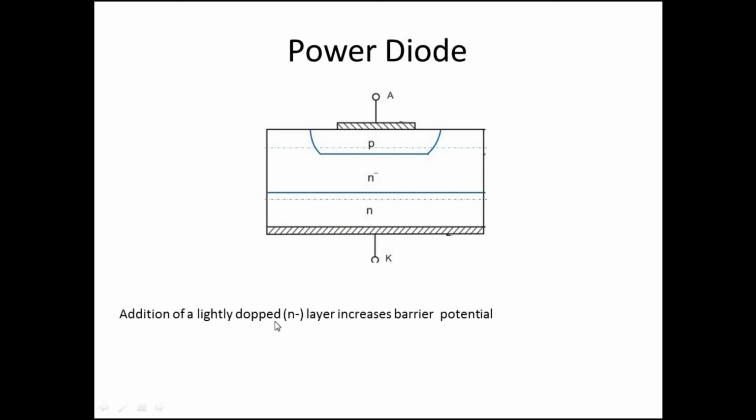So while the switch is in off condition, the diode can withstand this much voltage. And we are increasing this cross section in order to increase the current capability. So these two are the additional constructional features in a power diode to increase the power capability. This is for voltage capability, and the increase of cross section for current capability.